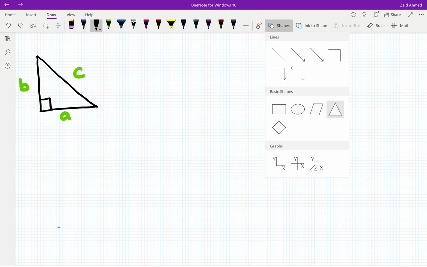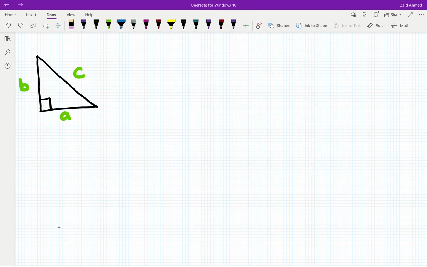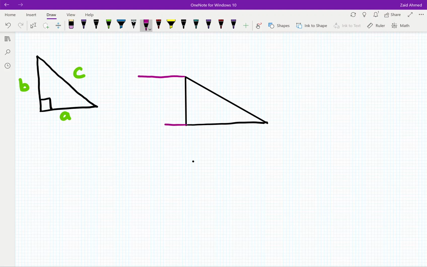So let me draw another triangle so you guys could see how it works. So when we do have the Pythagorean theorem, the main thing is to make squares for each one of the side lengths.